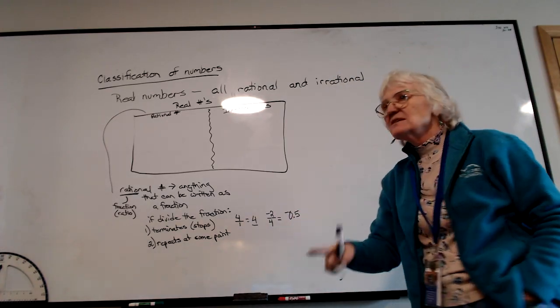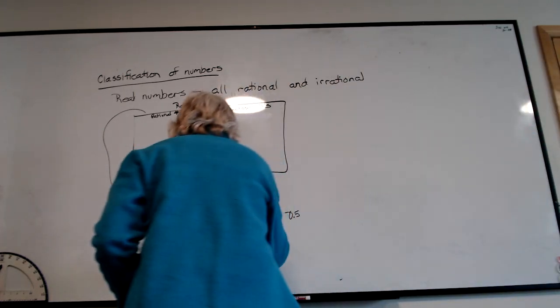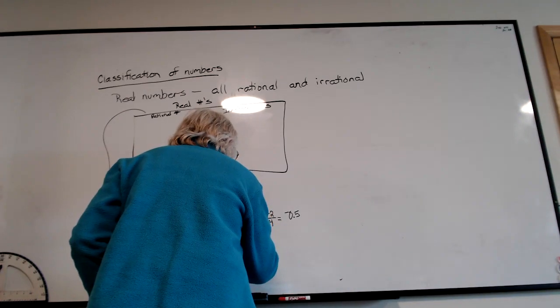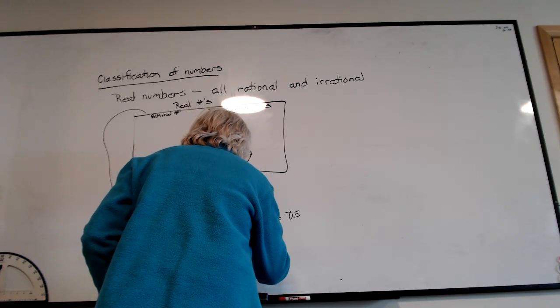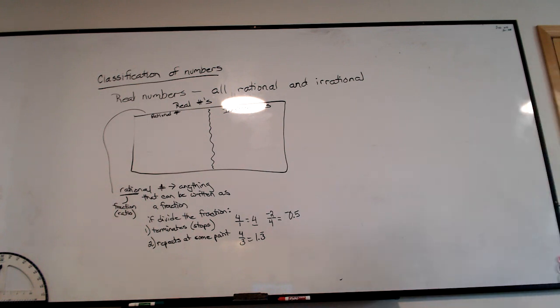So it stops. It doesn't start repeating, it just stops. So fractions, when you divide them, either stop or they start repeating. If I said 4/3, that's the same as 1.3 repeating. The 3 repeats forever.